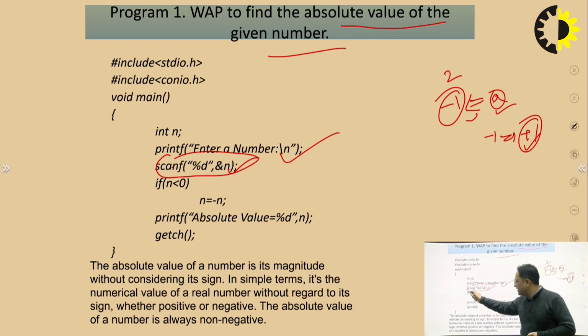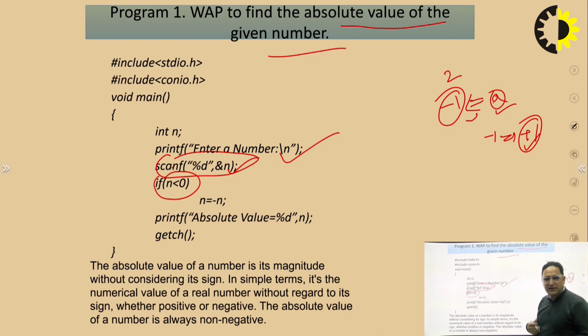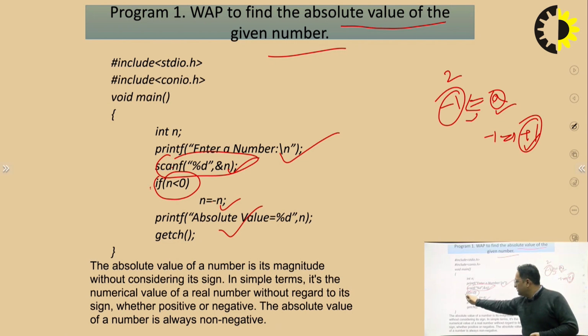Now we are checking if this value is less than 0. Since the user may enter a negative value, we have to make that negative value positive to get the absolute value, which I just explained. So the conditional statement is: if the value is less than 0, like in the first example, -1 is less than 0, this is absolutely correct, then this block gets executed. And n is assigned -n.